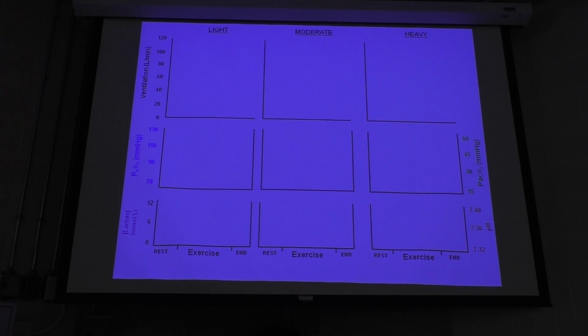Before we do that, I just want to show you what the ventilatory and gas exchange response looks like in the rest-to-exercise transition, going from light, moderate, and heavy intensity exercise. If you go to light intensity exercise, as I showed you previously, ventilation will rise immediately. With the rapid increase in ventilation, as you can imagine, metabolism hasn't really changed all that much.